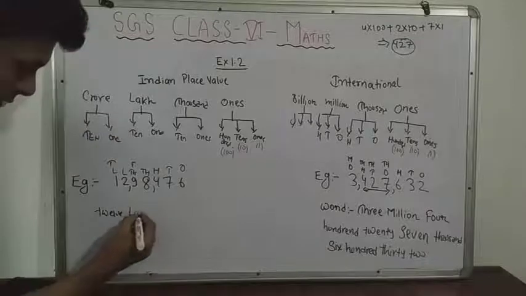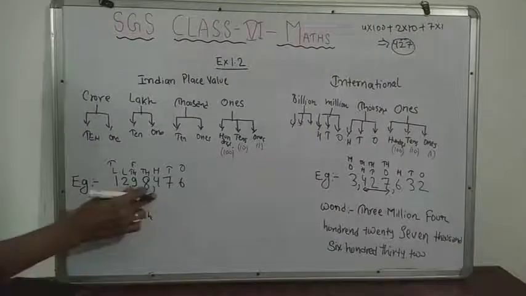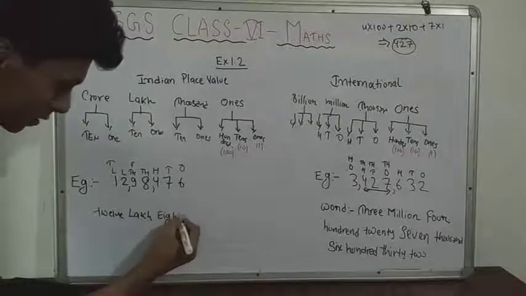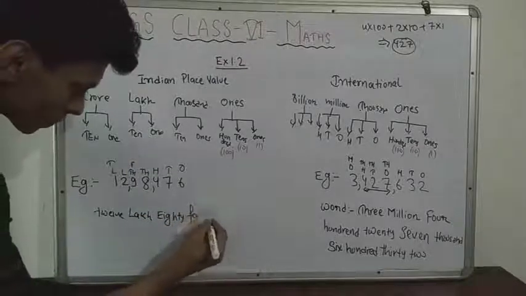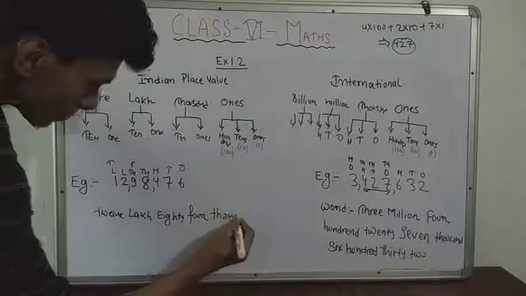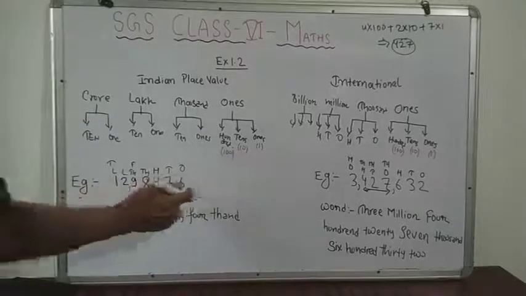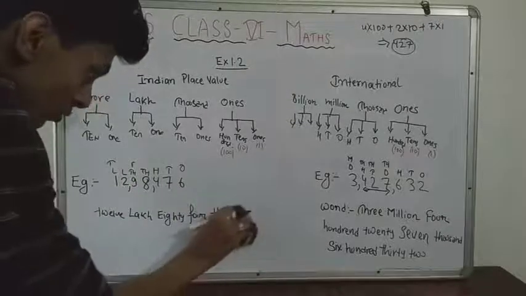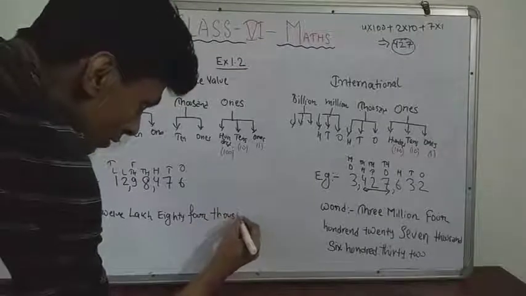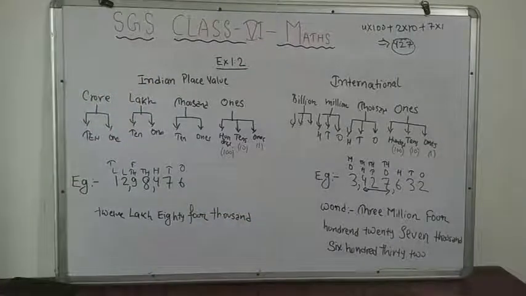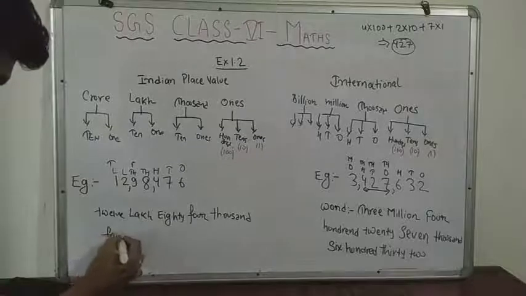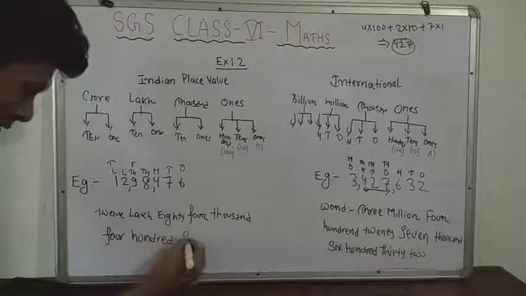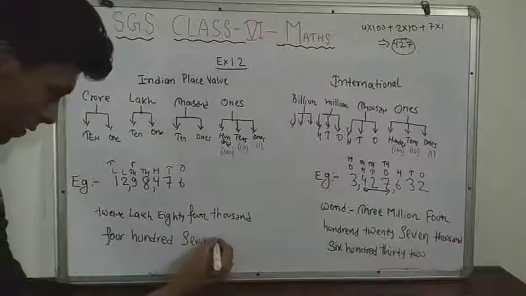Lakh. 12 lakh, and these two digits come under which place? 1000. 12 lakh 84,000. And then it is called 4,476.